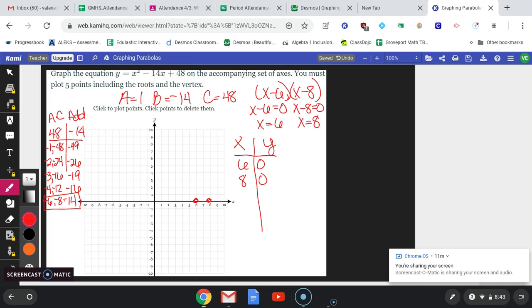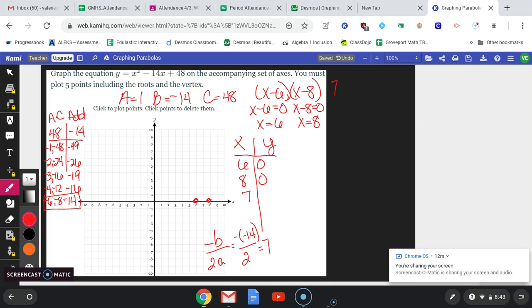To find the vertex, we're going to go negative b over 2a. So that's the negative of negative 14 over 2, so that equals 7. So we need to plug in 7.